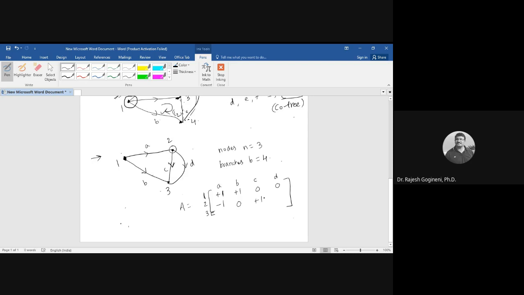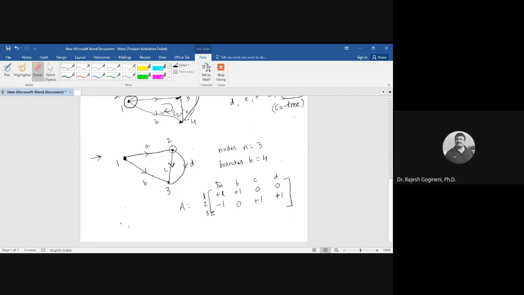C is moving away. D is also moving away, right? Moving away means, as we have discussed, any entry Aij means jth branch. Here the first element we will call A1A, that means branch A is incident on node 1 and moving away from node 1, so +1, right? Like this, we need to write it for every node.